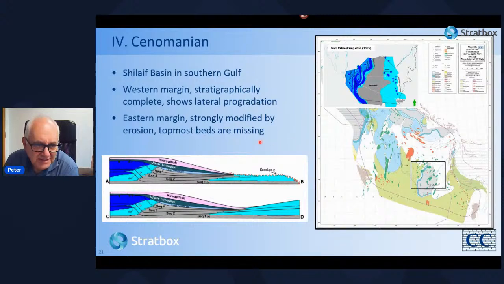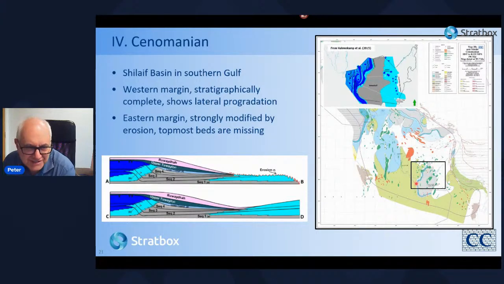If we move to the southern part of the Gulf, again, the Mishrif is a similar producing reservoir associated with the margins of the Shilaif Basin in the southern Gulf.